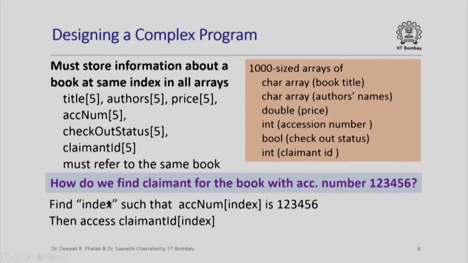Well, we will first have to find an index such that the array accession number at that index has the value 123456, whatever we are searching, and then we have to use that index to access the corresponding element of the claimant ID array. Now as you would agree with me, this is an unnecessarily convoluted reasoning. I am searching one array to match the accession number, then using the index from that array to access another array to find out the ID of the claimant.